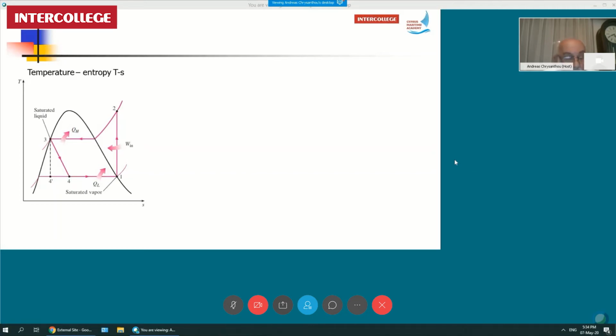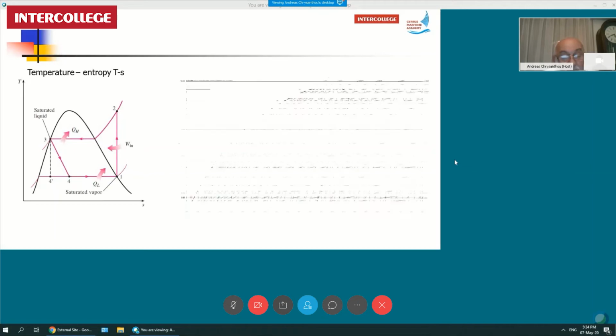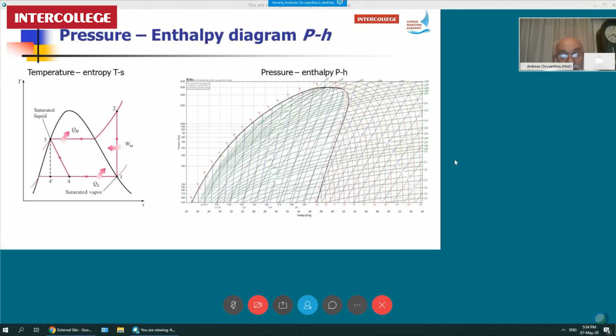And the TS diagram, although it is a very useful diagram to represent our system, indeed we prefer something different. We prefer the pressure enthalpy diagram to work with. It's another diagram which tells the same thing. But why do we prefer the pressure enthalpy diagram? Because of this quantity here, the entropy.